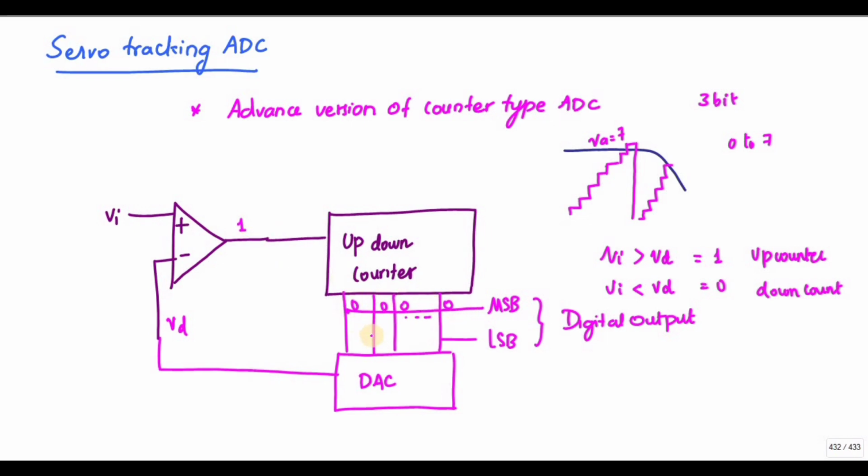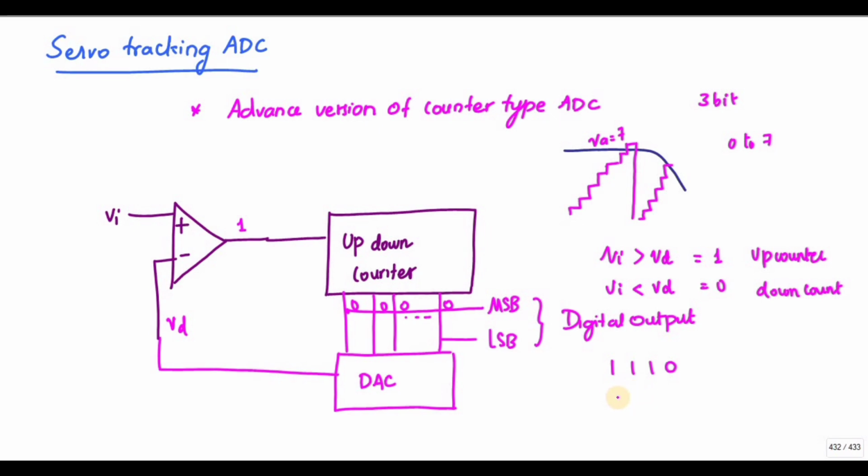If it is 0, it will down count. Suppose the value of the digital output is 1110 for a 4-bit counter, and I get 0, it will start to down count.